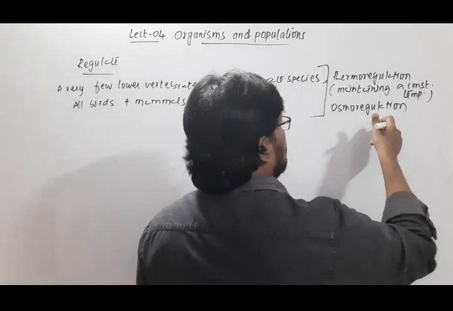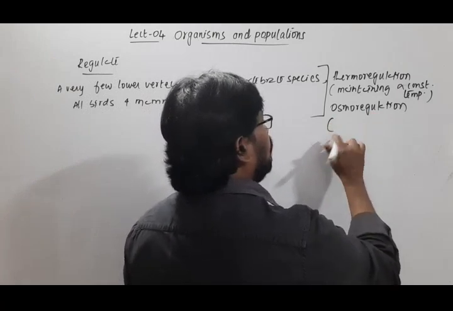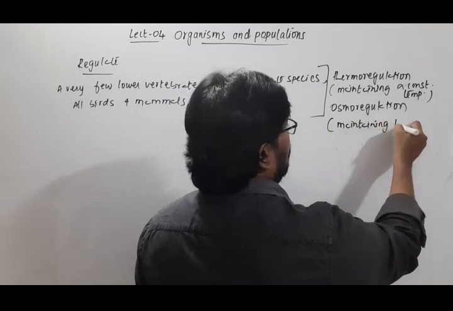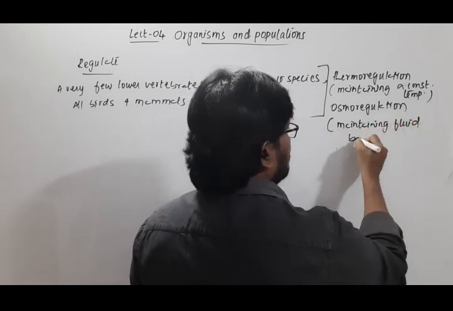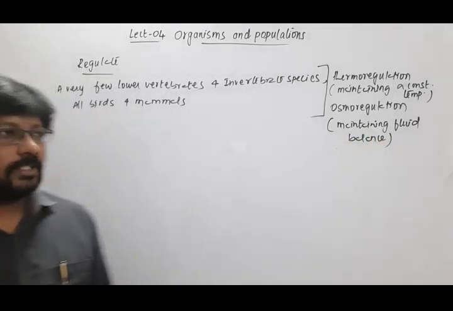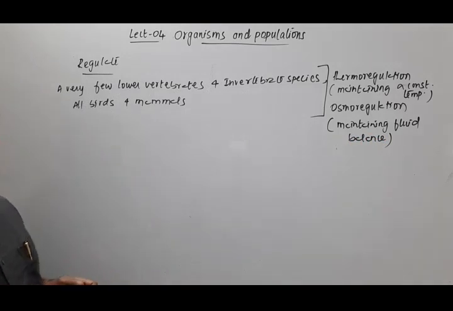Coming to osmoregulation, which means maintaining water balance, or I say fluid balance. So the organisms that regulate are able to maintain a constant body temperature, and also they are able to maintain the fluid balance of the body. So that is thermoregulation and osmoregulation.